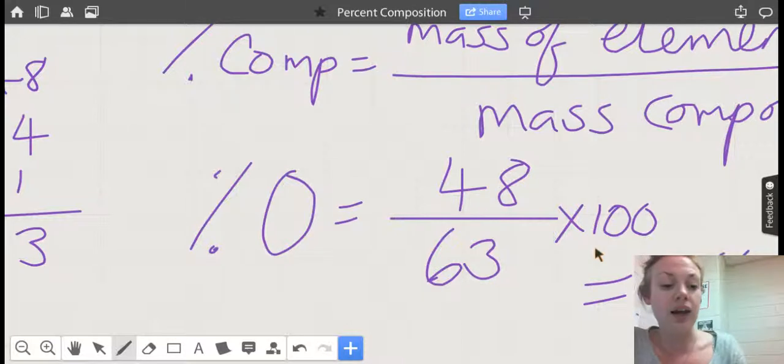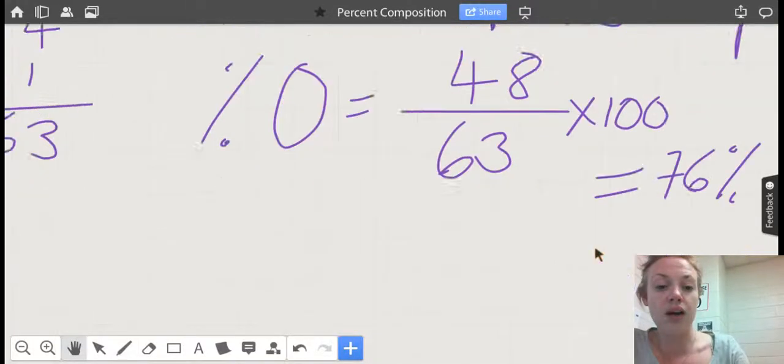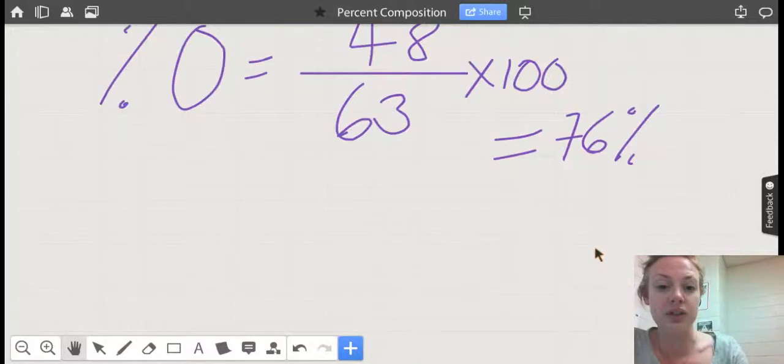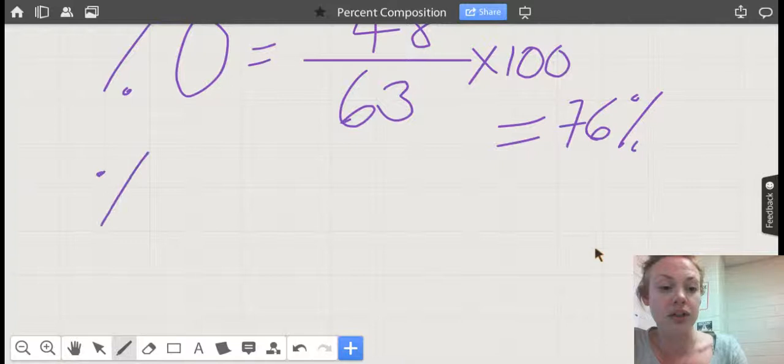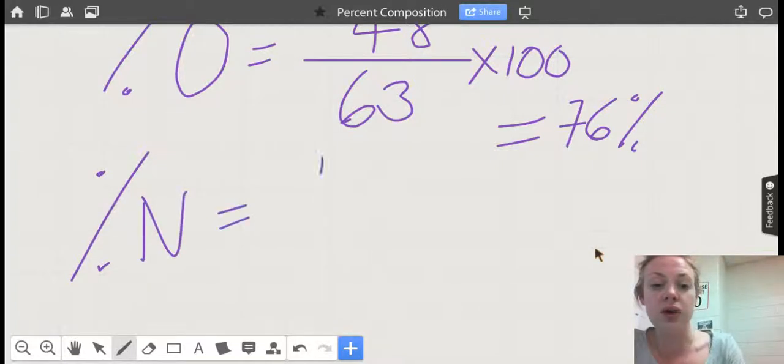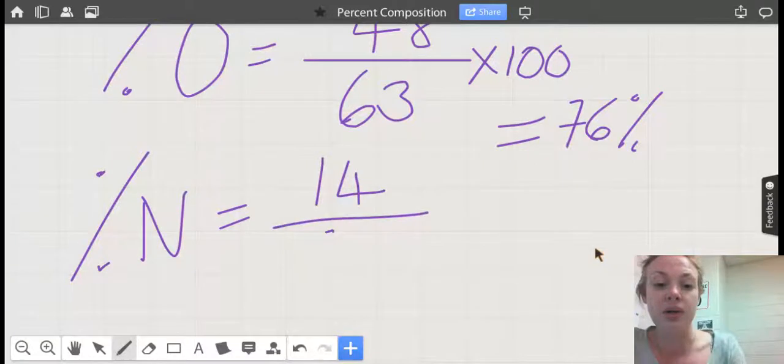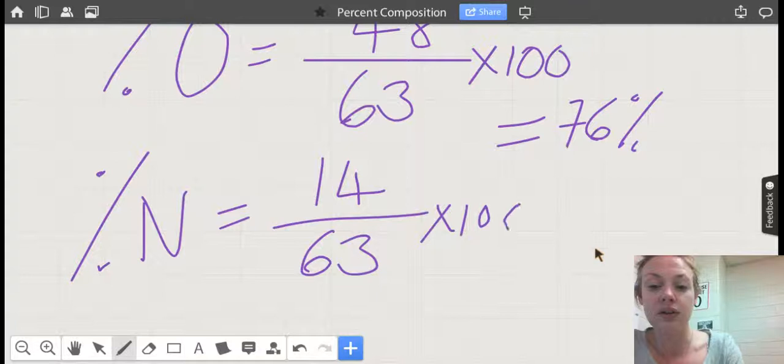Okay. I can now calculate the percentages of all the other elements in the compound as well. So I could start by doing my percentage nitrogen. My mass of nitrogen in the compound was 14, and my total mass of the compound is 63, multiplied by 100.